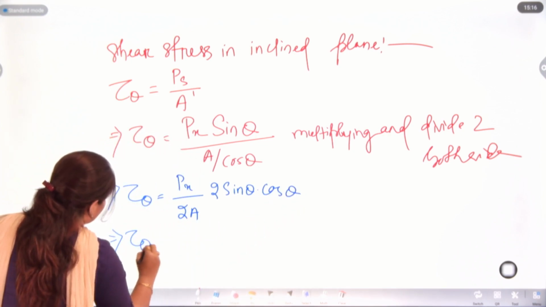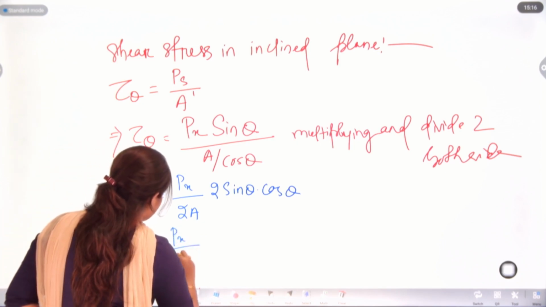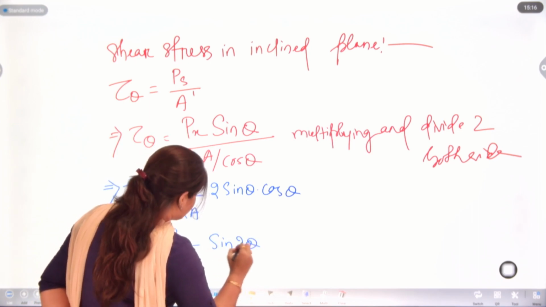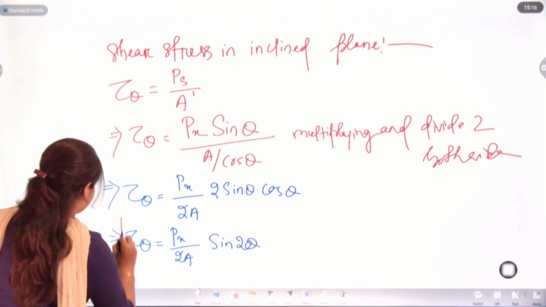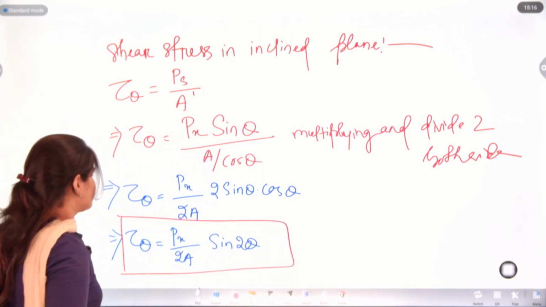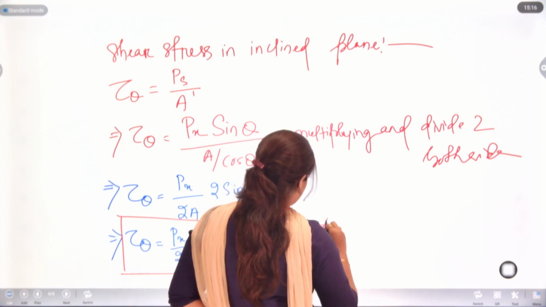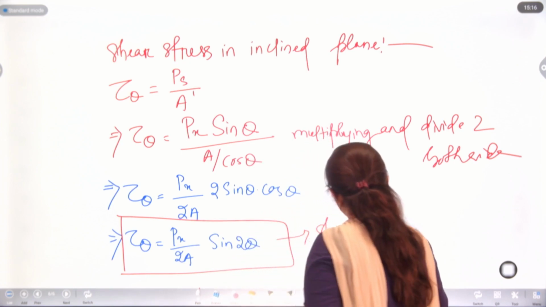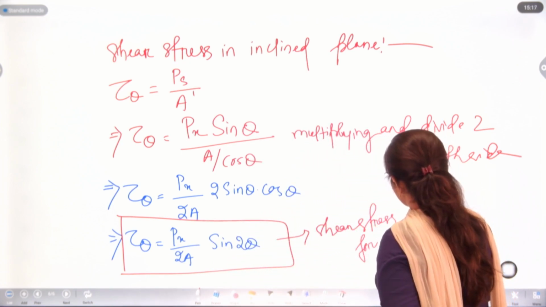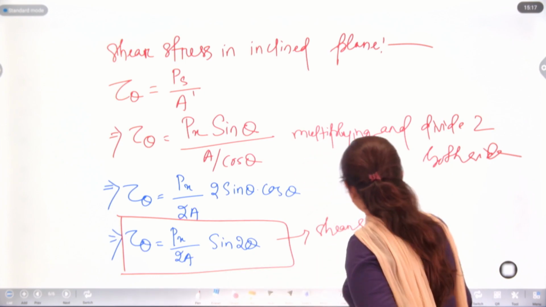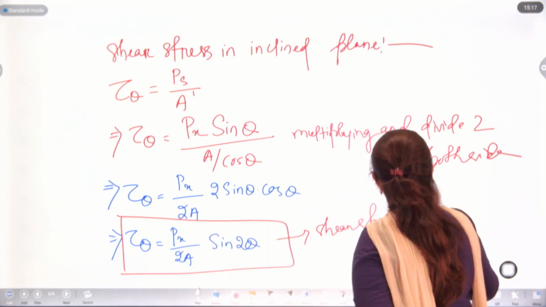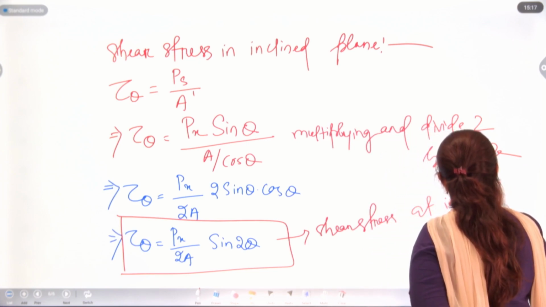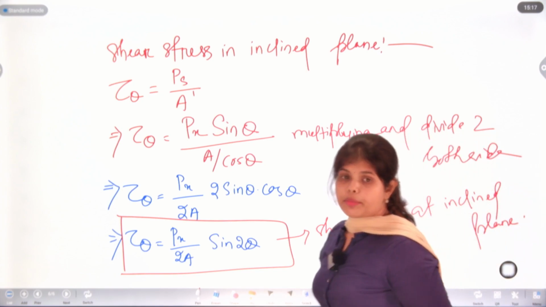So, we have our shear stress as Px upon 2A into sin 2 theta. This is our shear stress in the inclined plane.